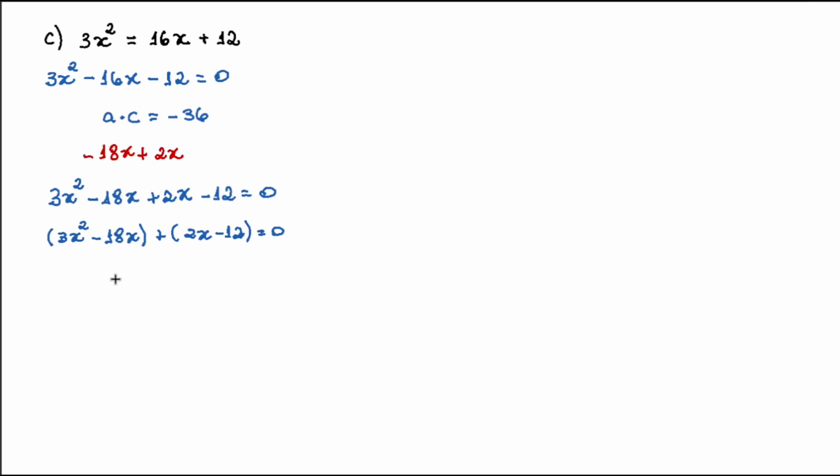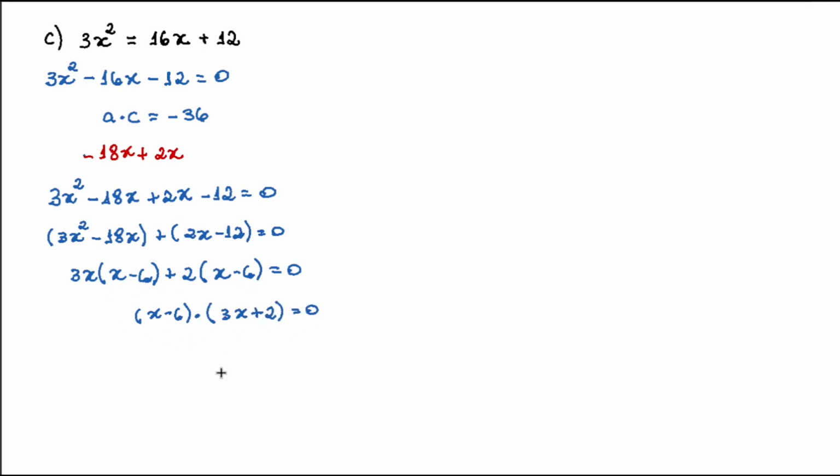Factor out the greatest common factor from each pair: 3x times x minus 6 plus 2 times x minus 6 equals 0. Now factor out the common binomial factor, x minus 6, and multiply by 3x plus 2 equals 0. This is the factored form of the equation.